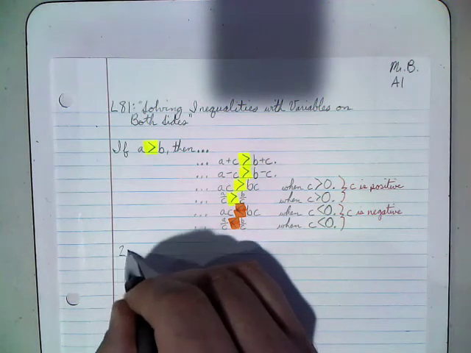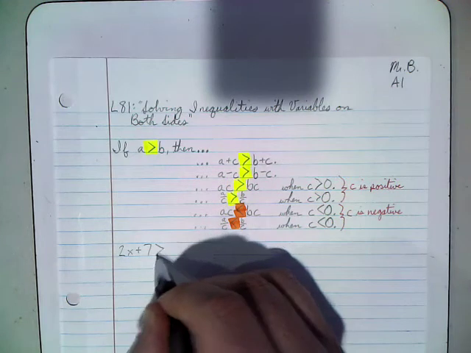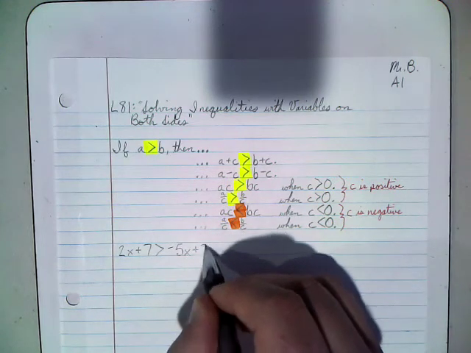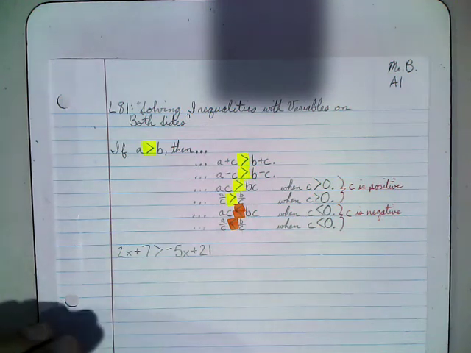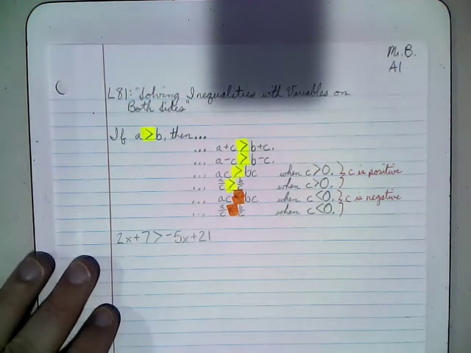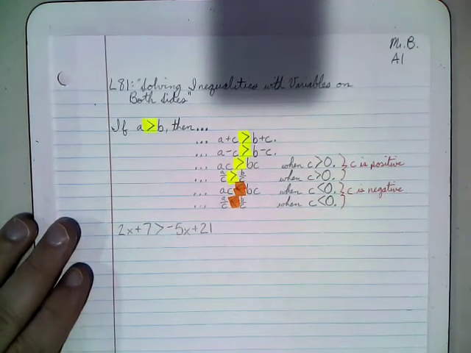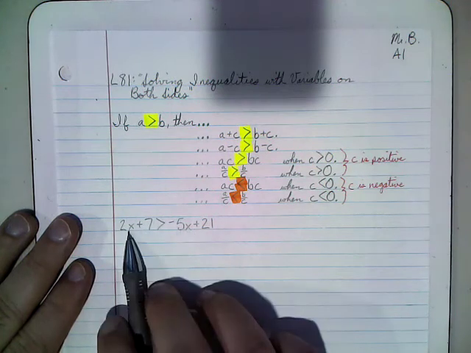So I have 2x plus 7 is greater than negative 5x plus 21. Now, ladies and gentlemen, remember that inequalities solve basically exactly the same way that equations do. And as I've said in class, I highly recommend, and I would like you to follow this, please: take care of your x values first.